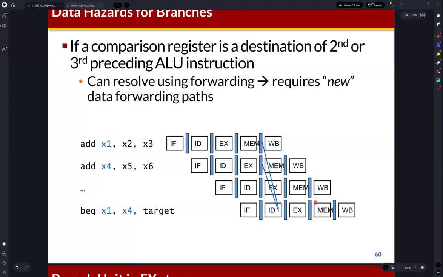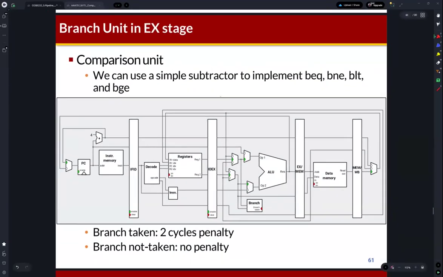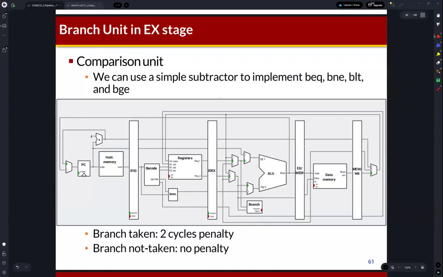In the second edition of the textbook, they also add a solution. We can just add a new data forwarding path, but I don't like this. Another possible solution is that we can use a dedicated branch unit. We can use a simple comparator, or a simple subtractor, to implement BEQ, BNE, BLT, and BGE.